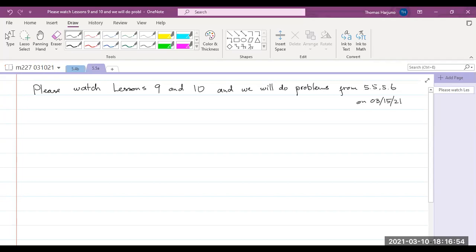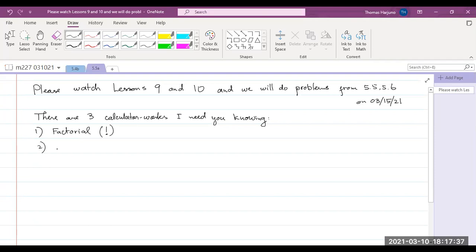Okay, now the one I want to teach you right now is how to use the calculator for certain notation. There are 3 calculator functions I need you to know. The first one is factorial, with that exclamation mark.